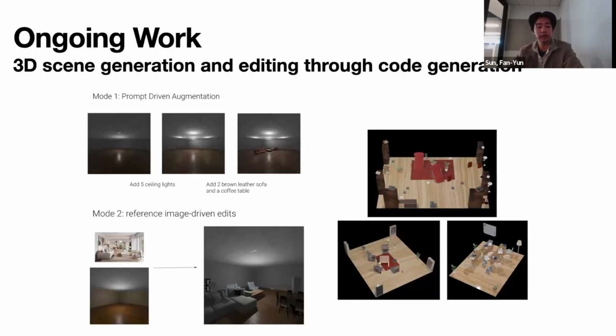Currently, one thing that's missing from these previous works is that there's no feedback loop. So right now I'm doing 3D scene generation and editing through code generation, where I can modify a 3D scene by language or image, and generate diverse room types. The key point that I want to explore here is that code is easily editable, interpretable, and verifiable.